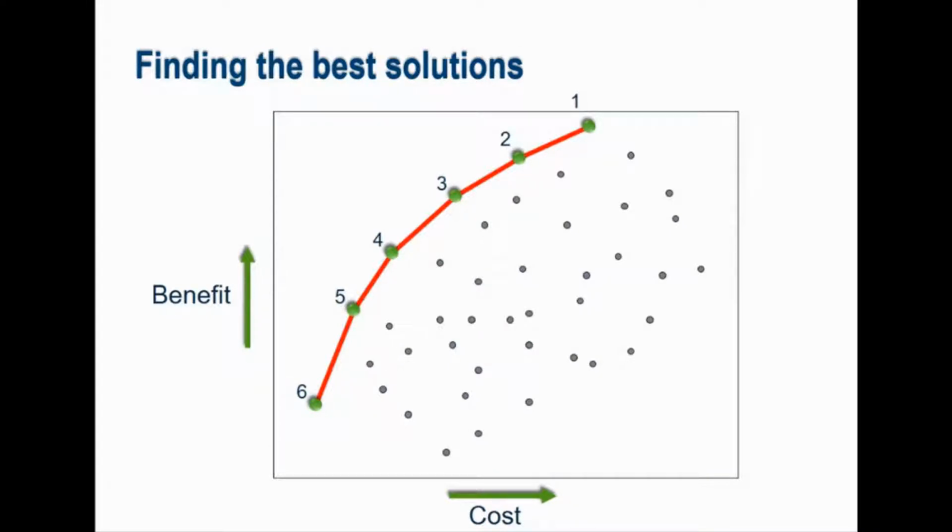If money's really tight, you might go with solution 6. If money is no object and you want the best benefit, hey, solution 1. But somewhere in between, solution 2, 5, it kind of depends on how much money you want to spend or the benefit you need. So this is really effectively what Darwin is heading towards with Darwin Designer.